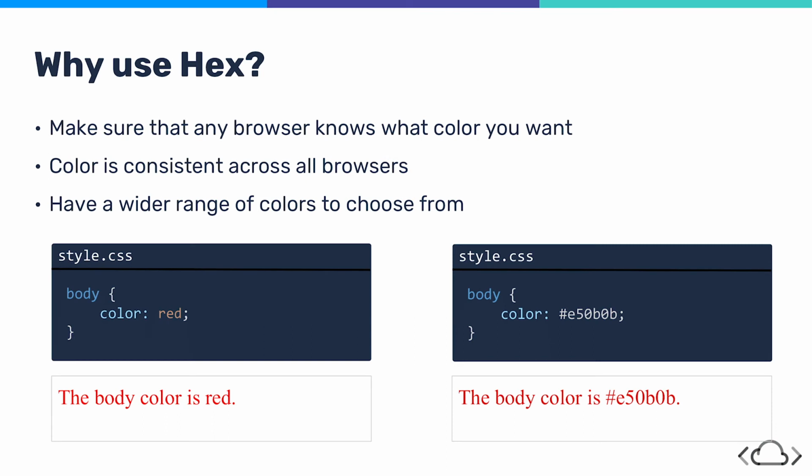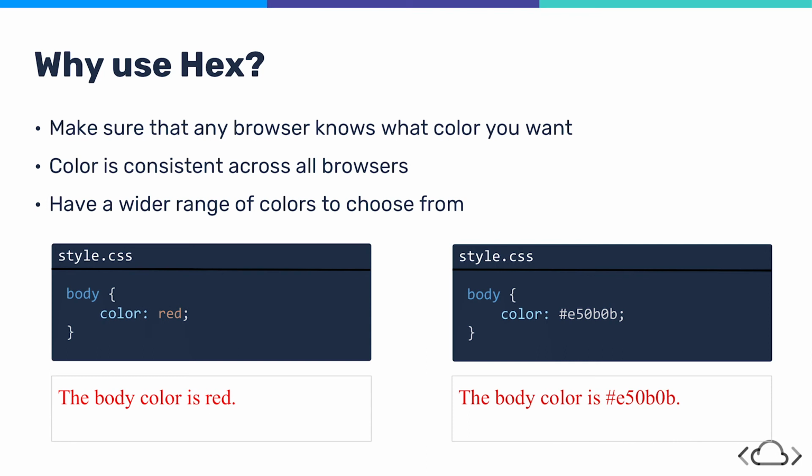So why do we use hex? It's the system and format that the web browser can easily understand colors. It makes sure that the web browser knows what color you want. Color is consistent across all web browsers. Also, using this method, we have access to a much wider range of colors that we can choose from.